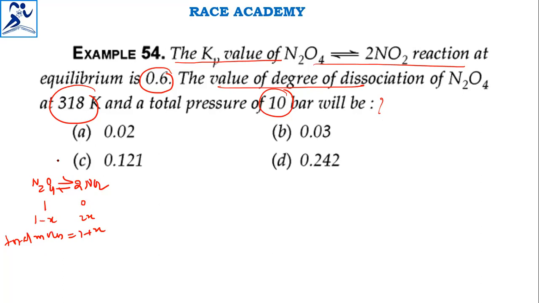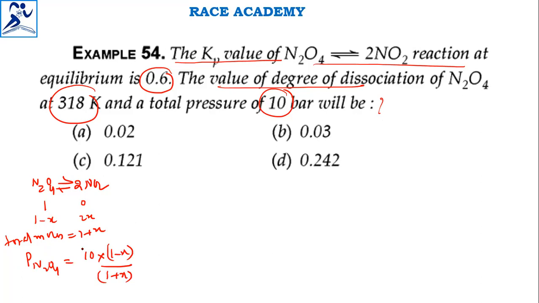In the question they are asking the value of the degree of dissociation of N2O4. So the partial pressure of N2O4 will be equal to the total pressure 10 into the number of moles of N2O4, 1 minus x, by the total number of moles, 1 plus x.